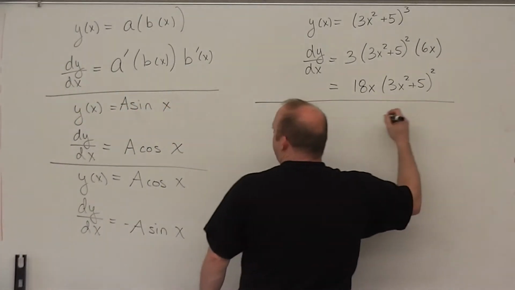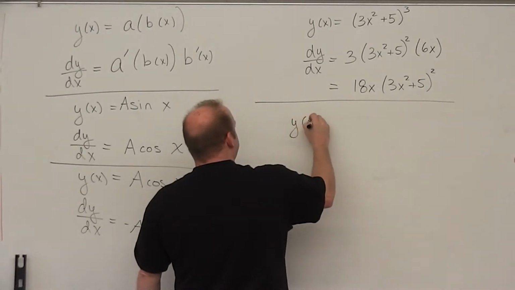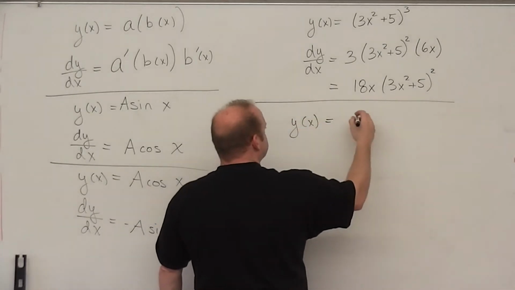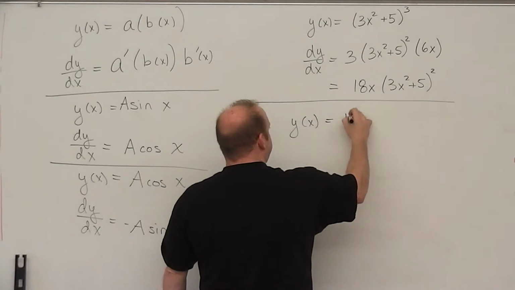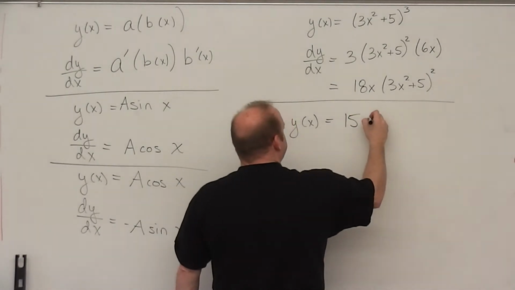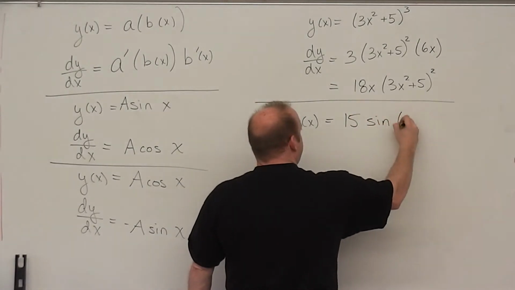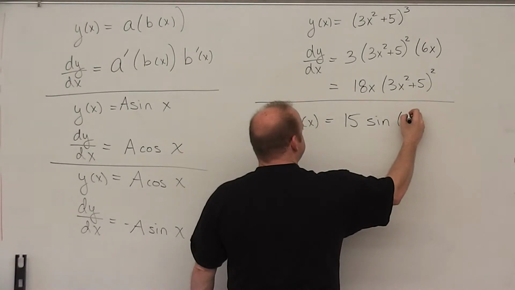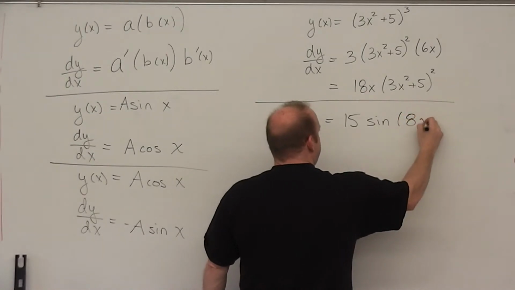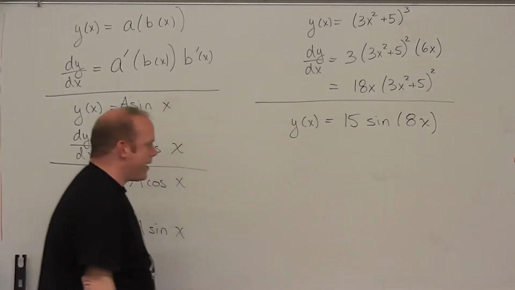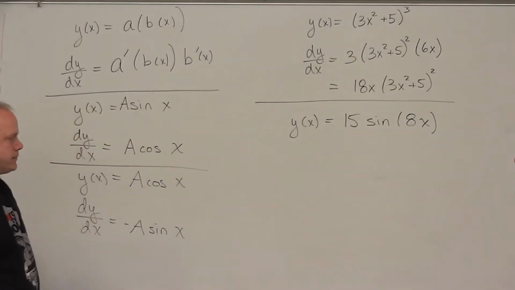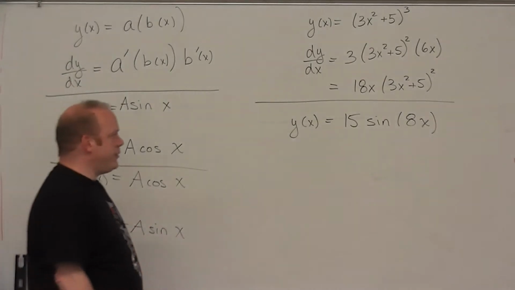Let's just say y of x, we'll do a specific example here, is equal to 15 sine of 8x. The chain rule tells us how to do this.